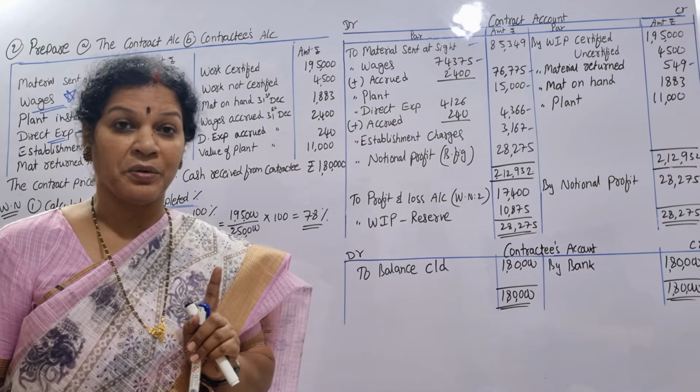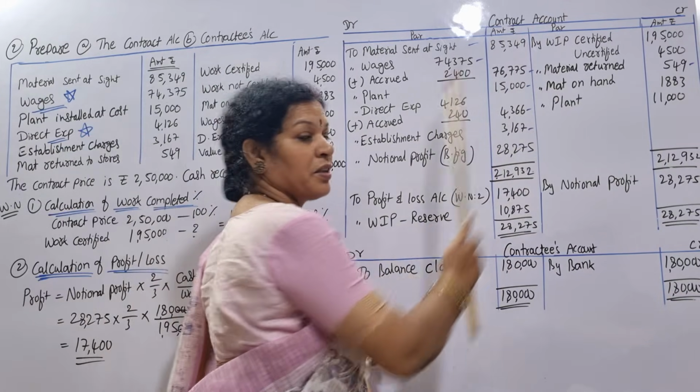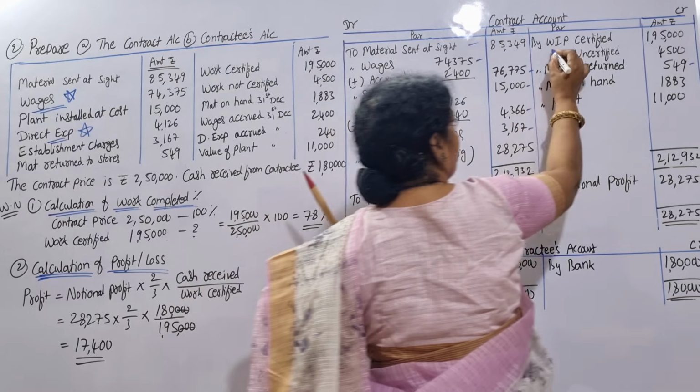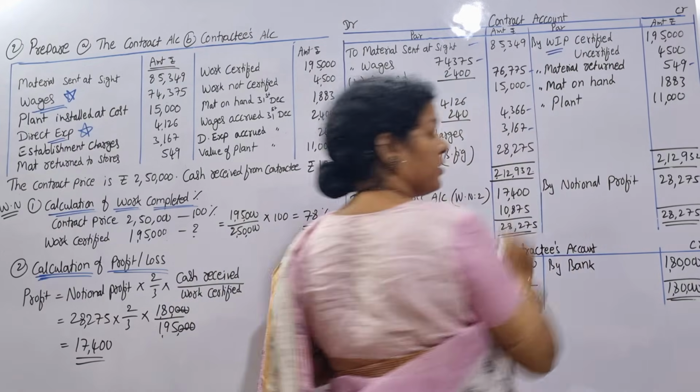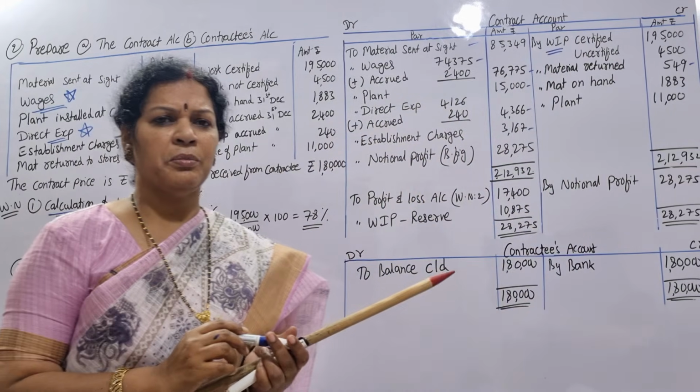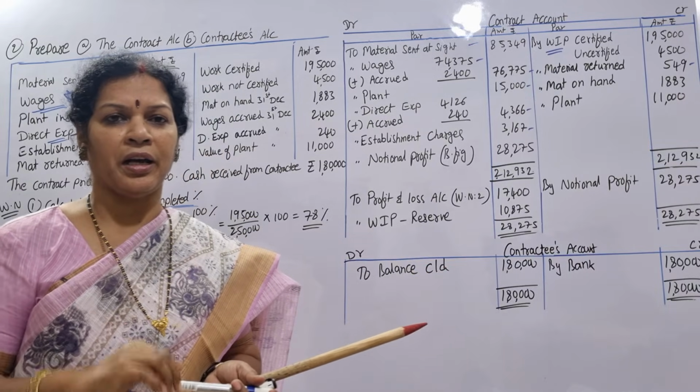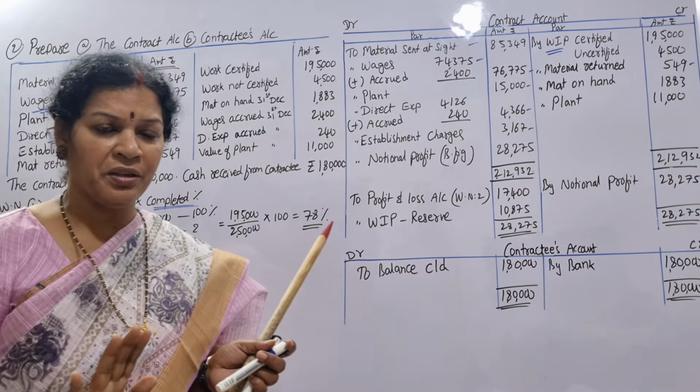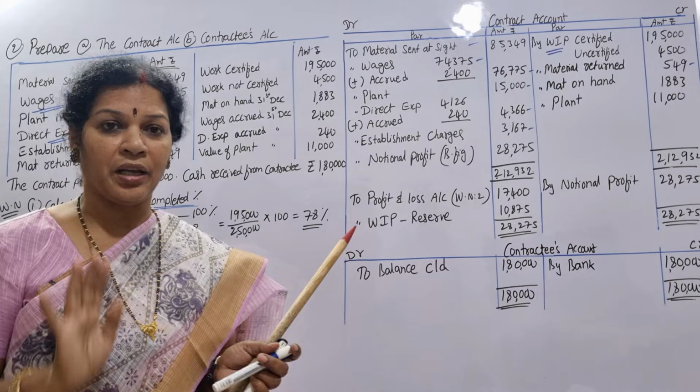First item on the credit side, work in progress. Work in progress has two parts, certified and uncertified. Most of the time they won't give you, you have to calculate, but in this problem it has been given, so we don't have to calculate anything.